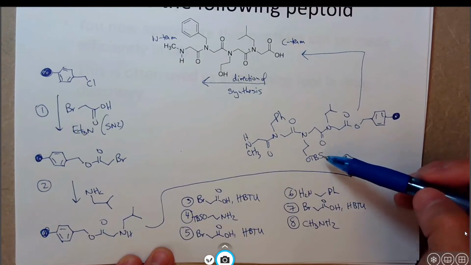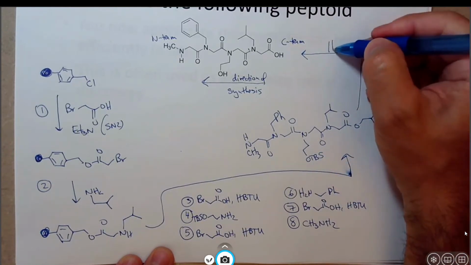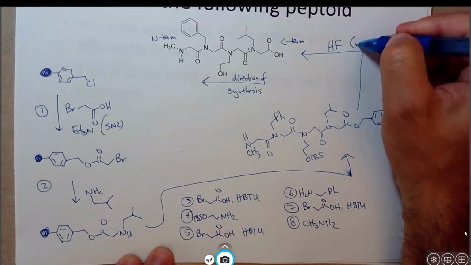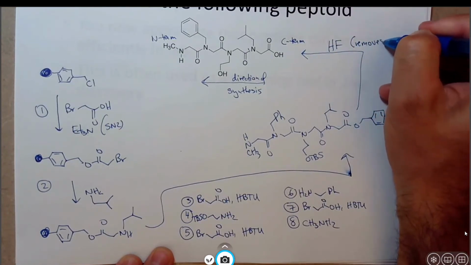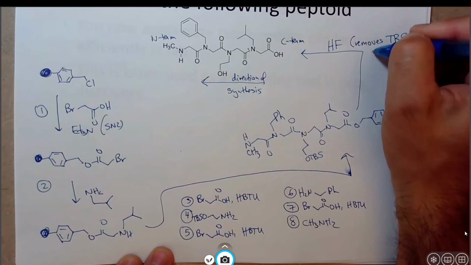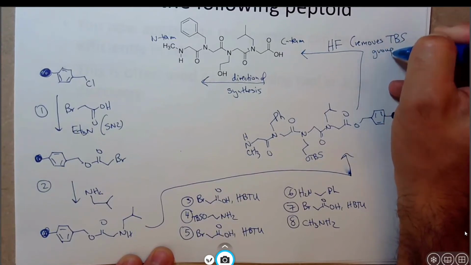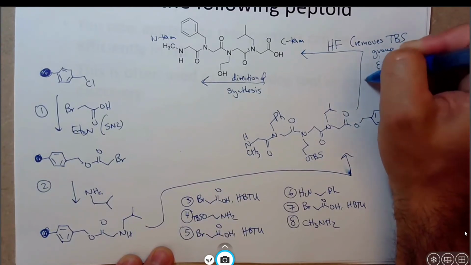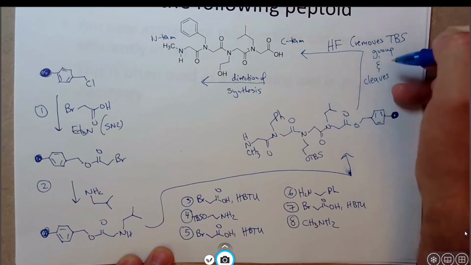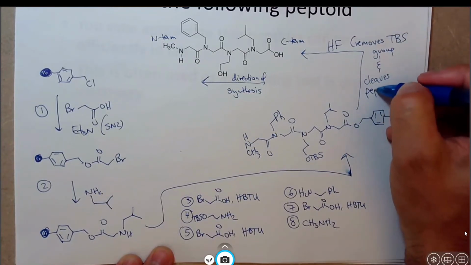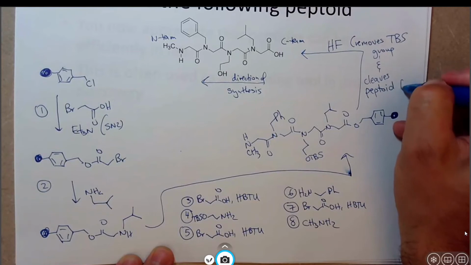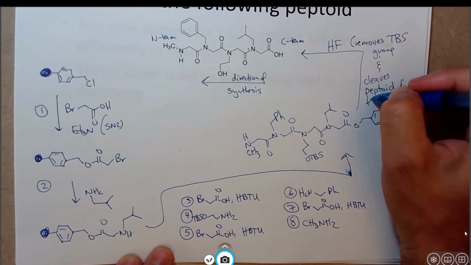And in addition, the HF will remove the silyl TBS protecting group. Okay, so hydrofluoric acid removes the TBS group and cleaves the peptoid from the resin.